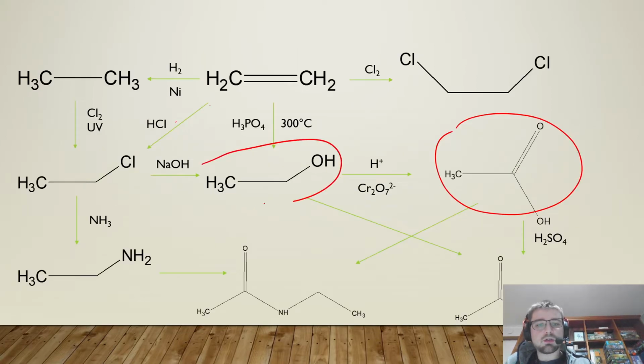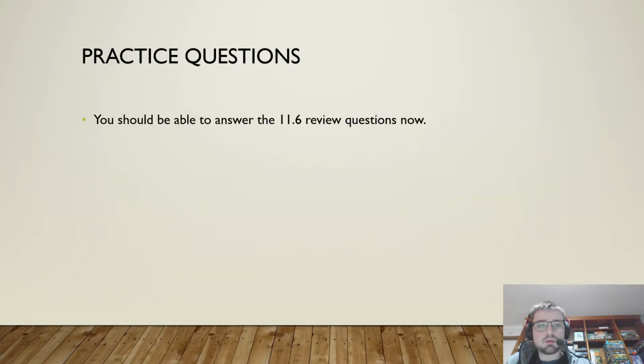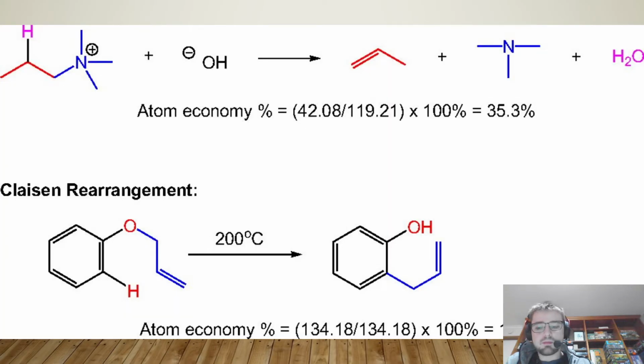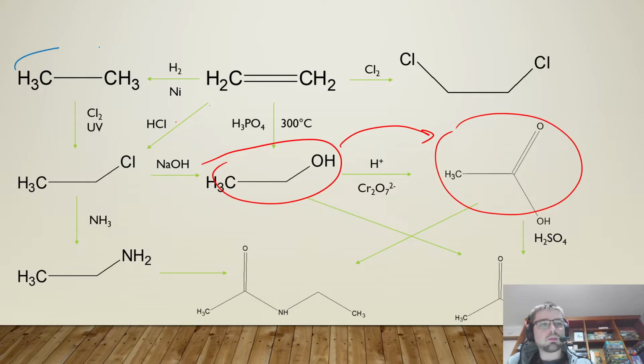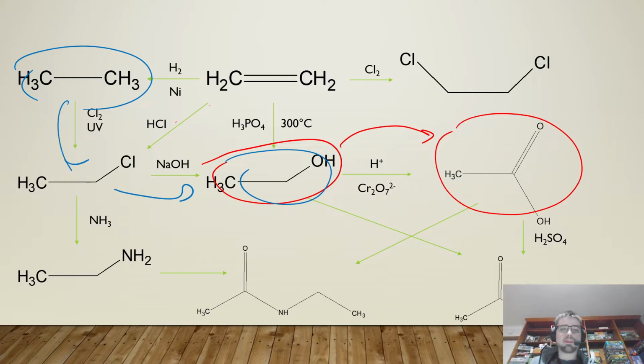So we're going to need to go from here to here. So that's one pathway we're going to need to do. And for the other one, we're going to need to go from methane to methanol. So we're going to need to go from the alkane, and we're trying to get to here. So we're going to need to go here and then here.